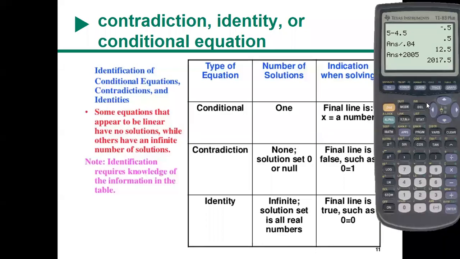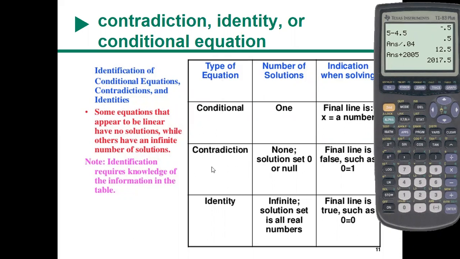All right, now we're going to talk about classifying your solutions and what types of solutions. There are three types of equations. You have conditional, which has one solution, and it's going to be x equals a number.